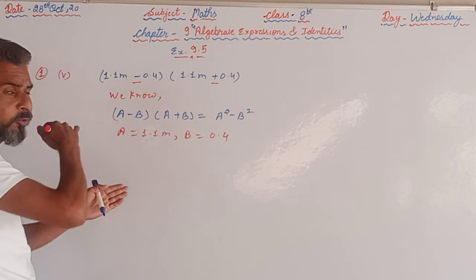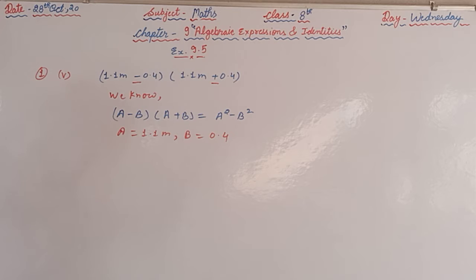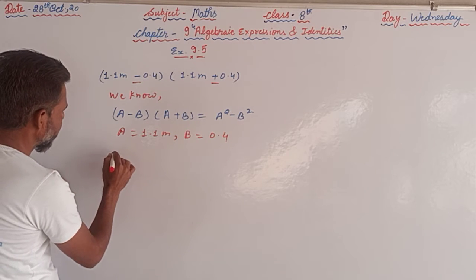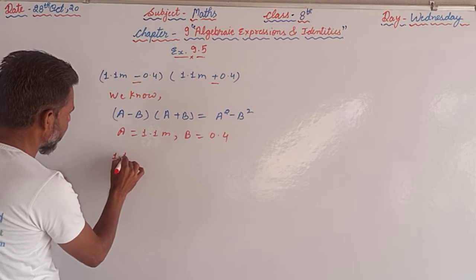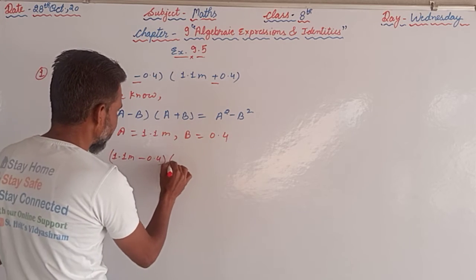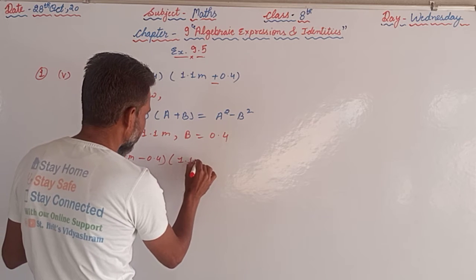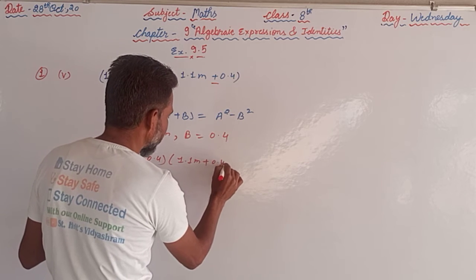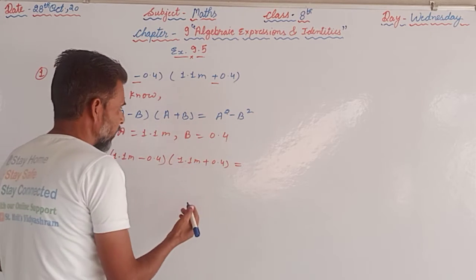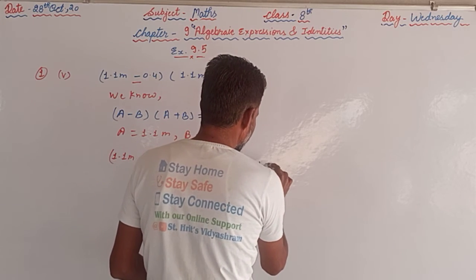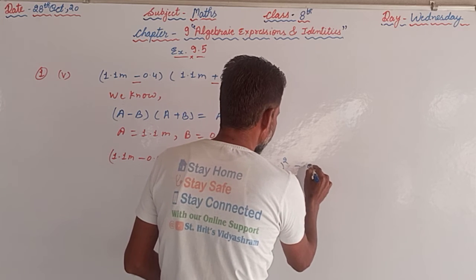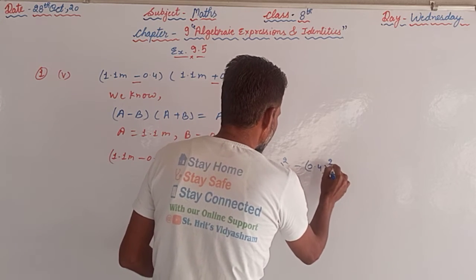So, we are supposed to substitute on the left hand side as well as on the right hand side. Here we will write (1.1 m minus 0.4) and (1.1 m plus 0.4) is equal to a square minus b square, means (1.1 m) whole square minus (0.4) whole square.